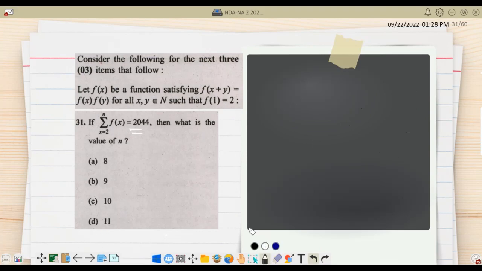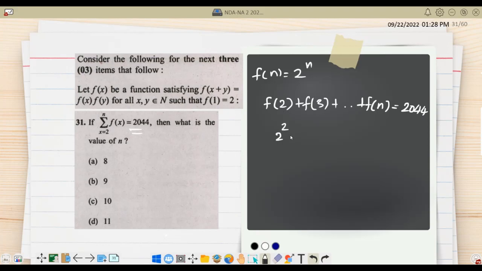Now we will start from there. f of n equals 2 power n. So now the sum goes from x equals 2 to x equals n, which starts from f of 2 plus f of 3 until f of n, and this is equal to 2044.